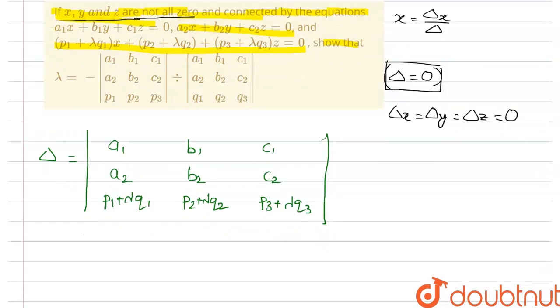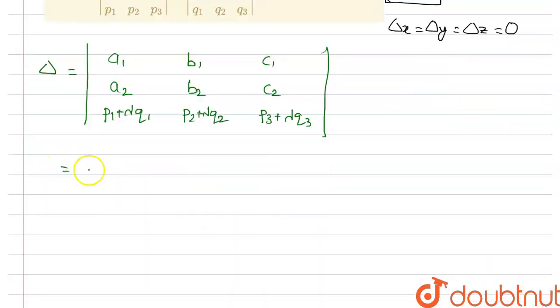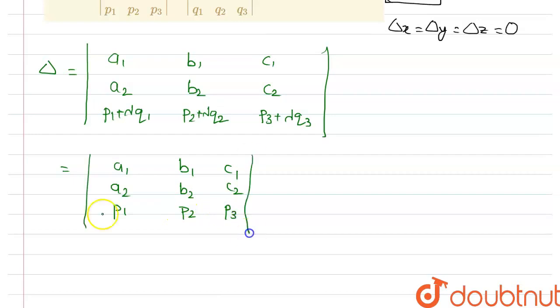We can write this as equal to a1 b1 c1, a2 b2 c2, p1 p2 p3, plus a1 b1 c1, a2 b2 c2, and here we will have lambda q1, lambda q2, and lambda q3.